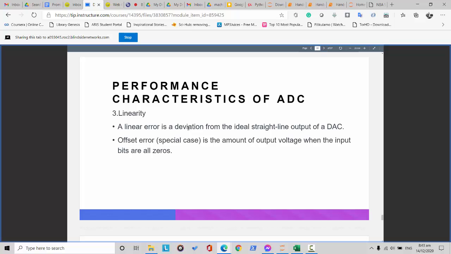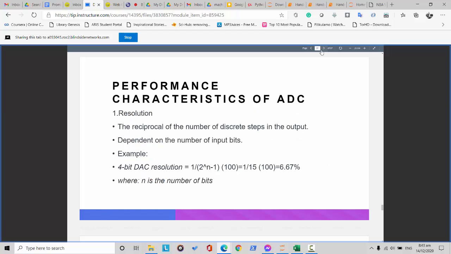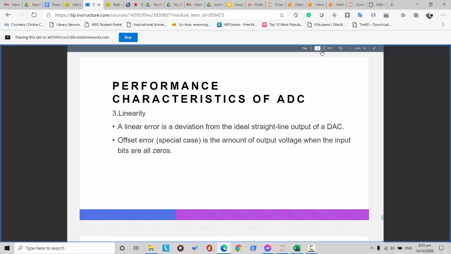Another performance characteristic. I would like to correct this. This one is not ADC but DAC. We're not talking about an analog to digital converter, but a digital to analog converter. Forgive me for my mistake here.